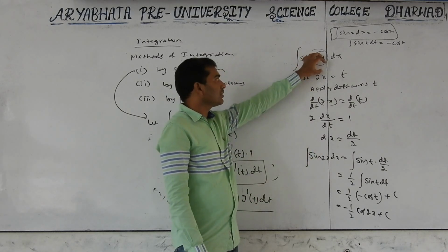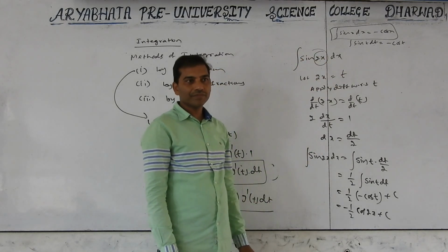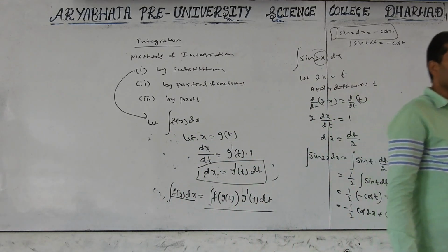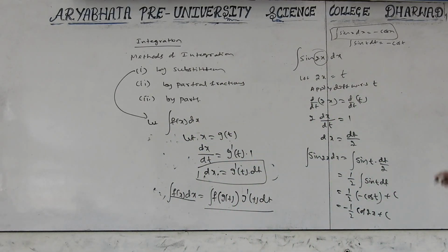First you assume one variable equal to t. See, the way of assuming is also very important here. For example, integration of sin x squared dx. If you assume x squared equal to t, what happens?